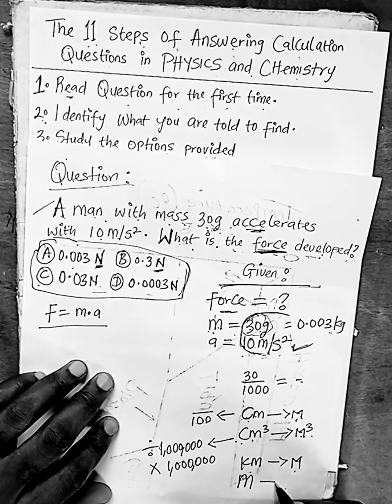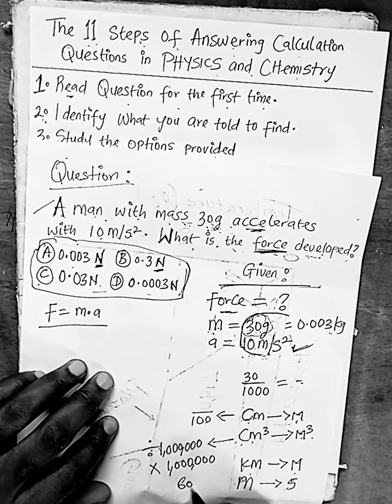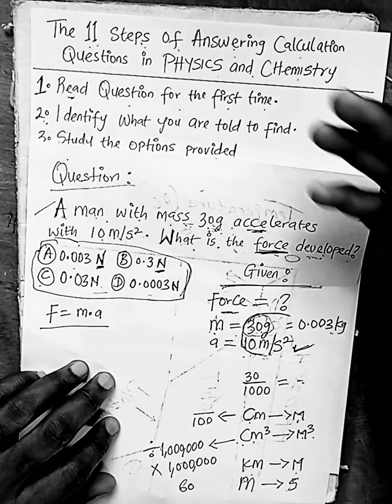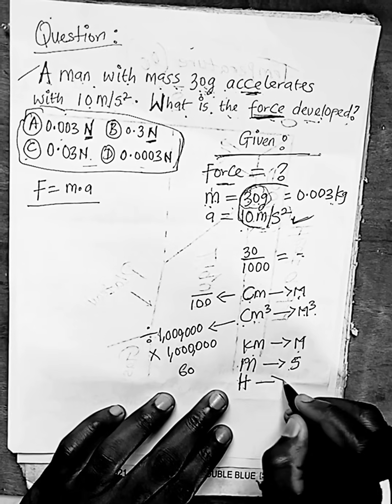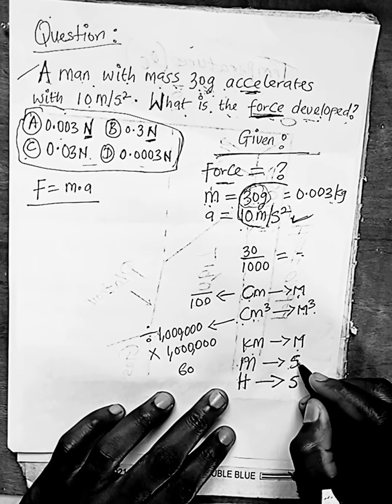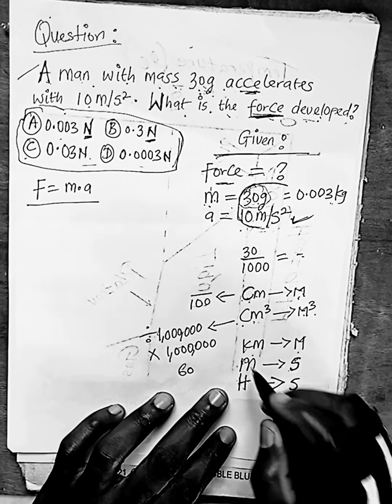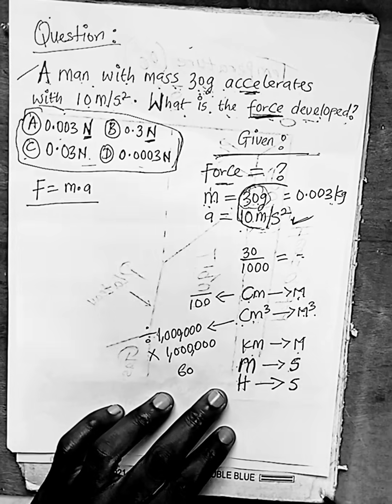From minutes to seconds, you multiply or divide by 60, depending on the bigger one or the smaller one, like I explained. It's the same thing when you are converting from hour to second. Just know that the standard unit of time is second. It must be in second. You hardly use minutes to calculate.